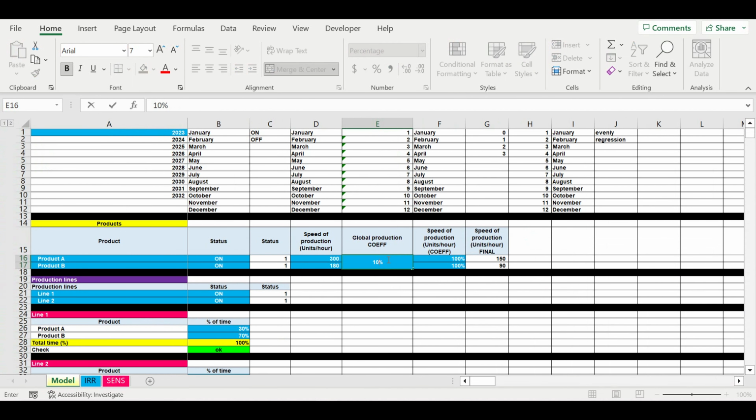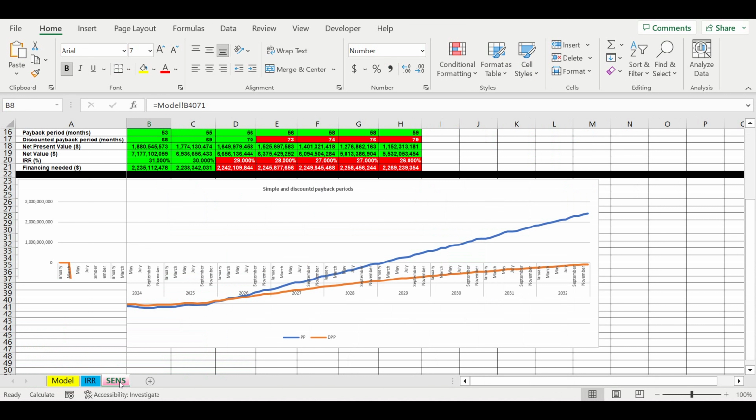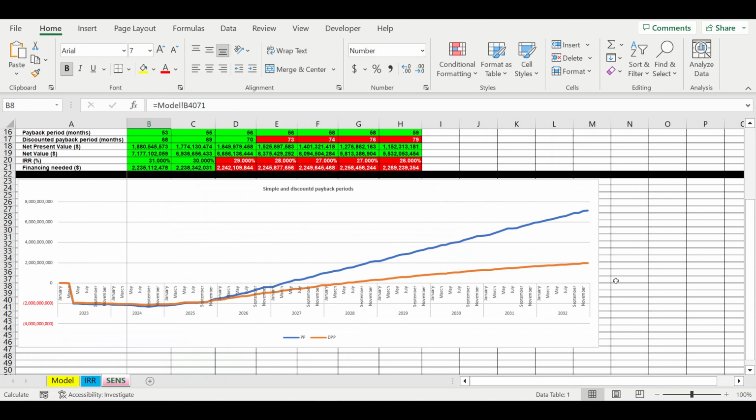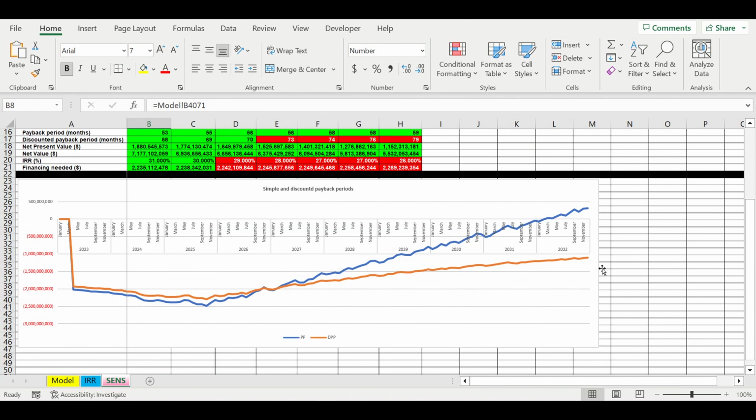So if we want to increase or decrease the whole production coefficient for both products, we can, and we can also play individually with product A and product B. For example, let's see what will happen if the product B production coefficient is 50%. So we can go back. We just have to wait a little bit while the model is being recalculated.